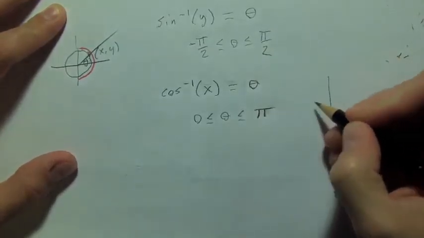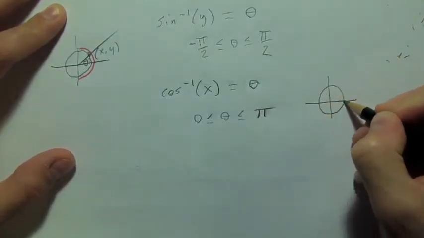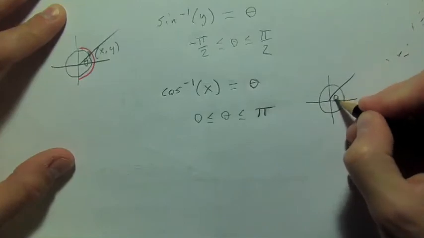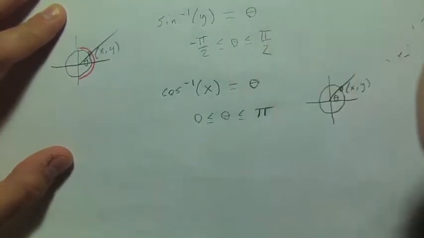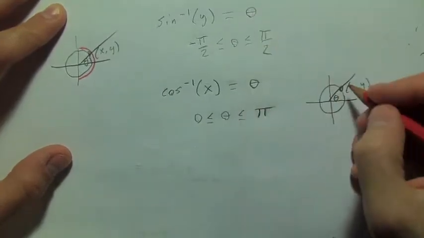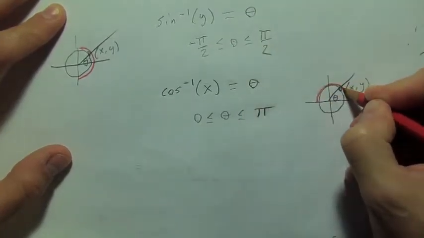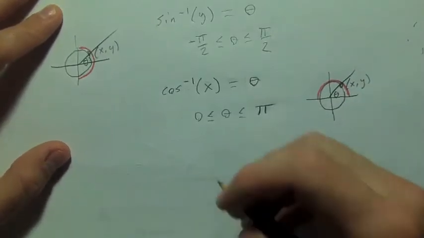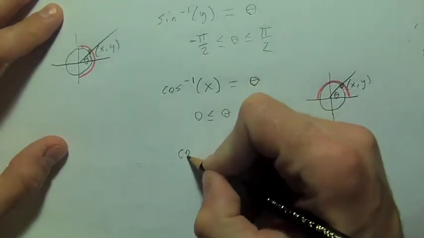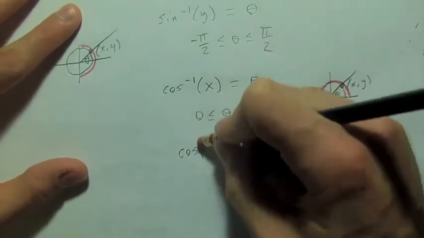Okay. So cosine inverse, we still have theta, but we give it an x value, and it gives us a theta between 0 and pi.